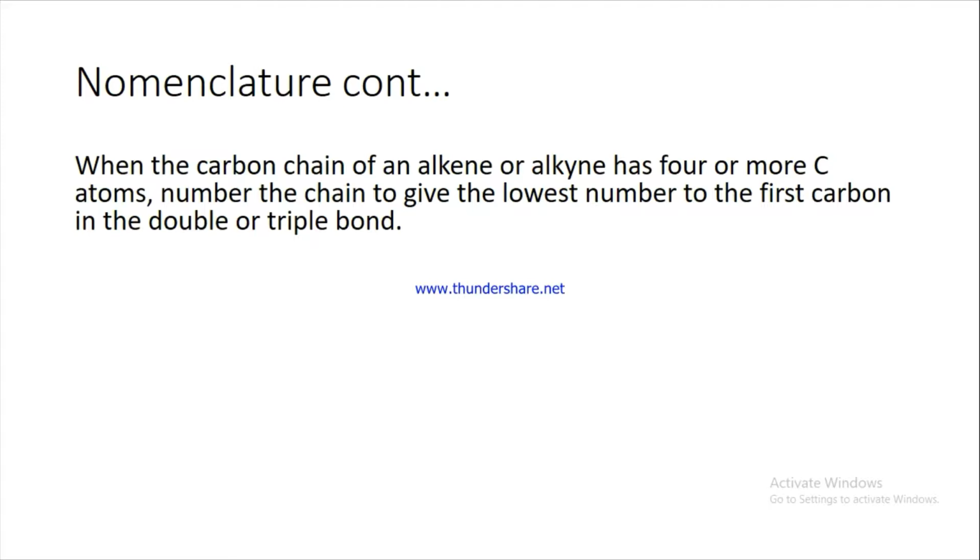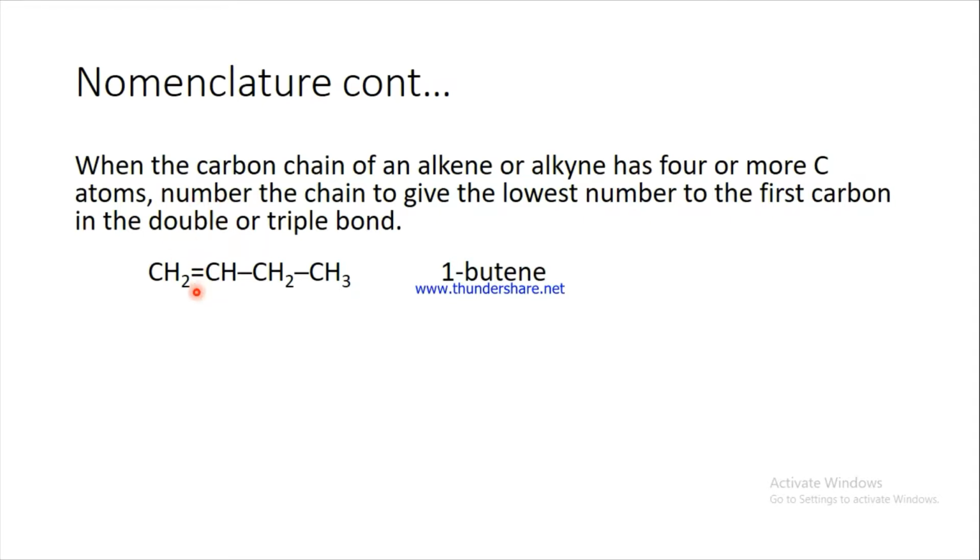So now we are concentrating on our multiple bond. Remember, the multiple bond must have the lowest number in terms of numbering our carbon atoms. So for example here, this is butene. If we had started from this end to name 1, 2, 3, our double bond would be on carbon number 3, which is not what this rule requires you to do.